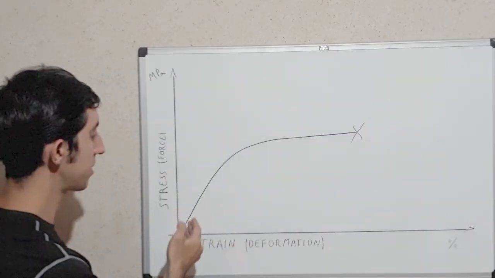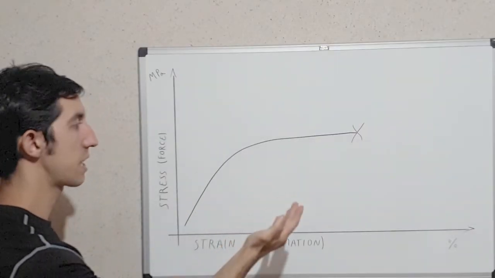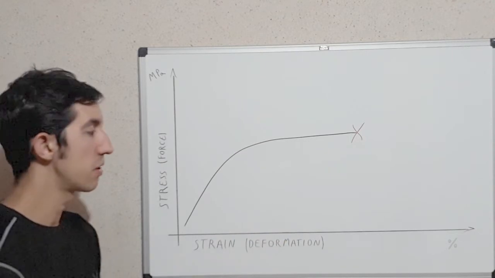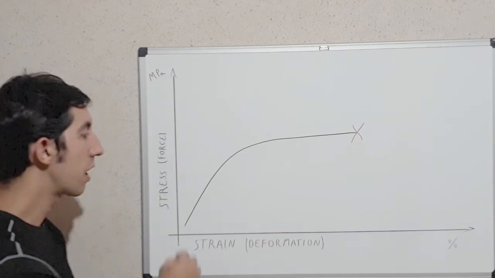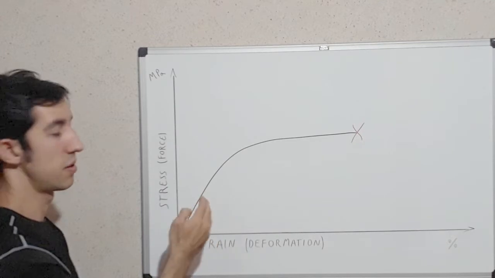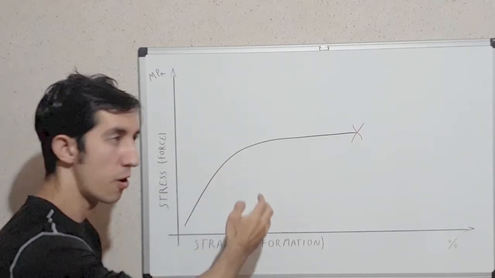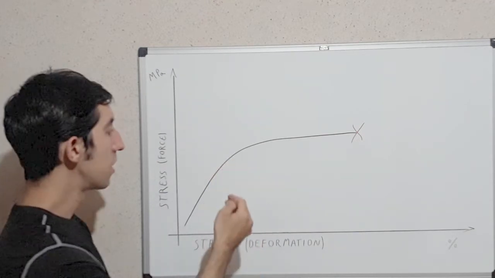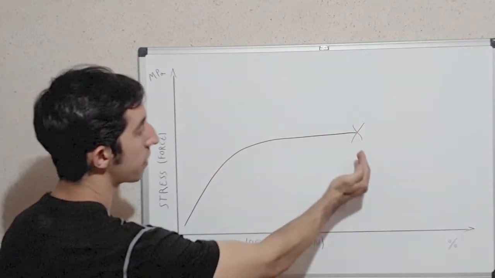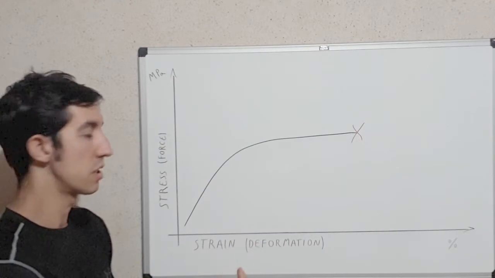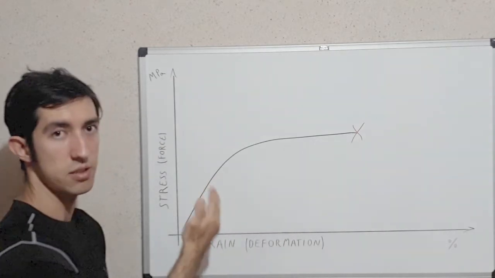Here we have this curve that represents perhaps a piece of aluminum. So the aluminum has a small part of elastic region and already starts deforming permanently. So this whole part here is the plastic region that doesn't return to its original shape.